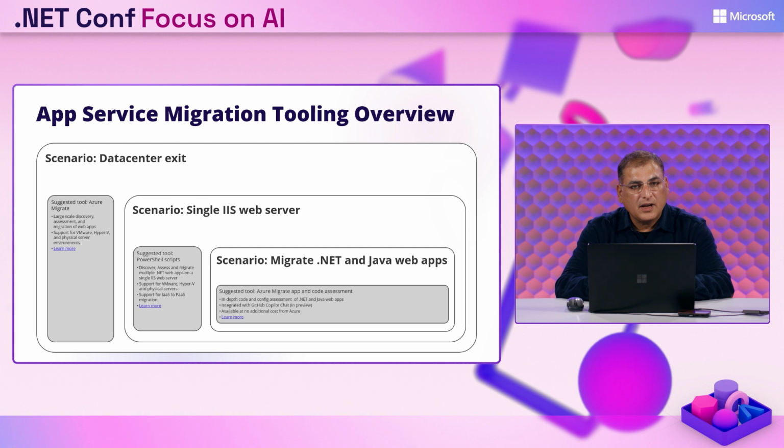Once the discovery is done, you go ahead and run assessments. What assessments do is based on attributes like what region you plan to migrate to, are there any discounts or pricing tiers that you wish to use, or are you going to migrate to an App Service Environment if your requirement is around an isolated deployment.